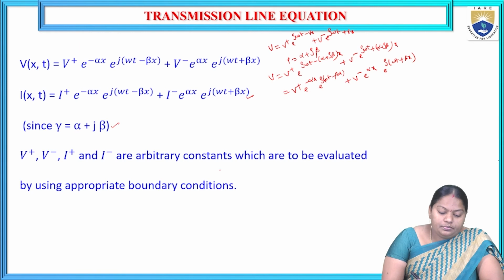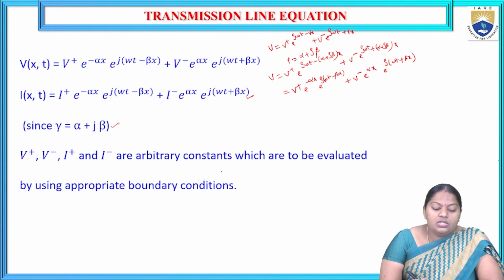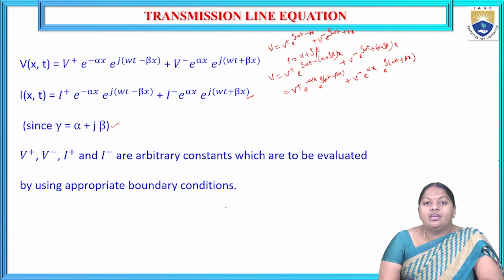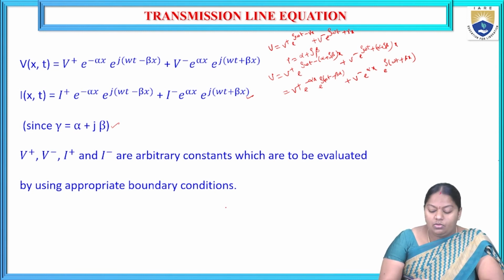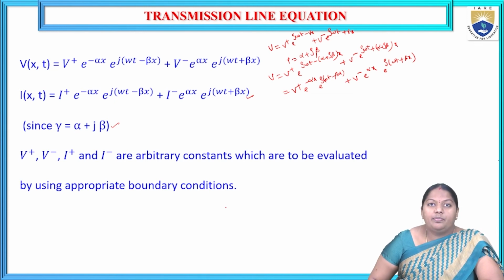So to write the solutions for the transmission line equations, we considered the second order differential equation, and the propagation constant gamma is replaced by alpha plus j beta. Then the voltage and current solutions V of x comma t and I of x comma t are obtained like this. So this is about transmission line equations.